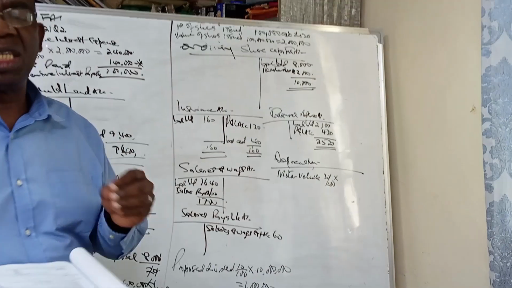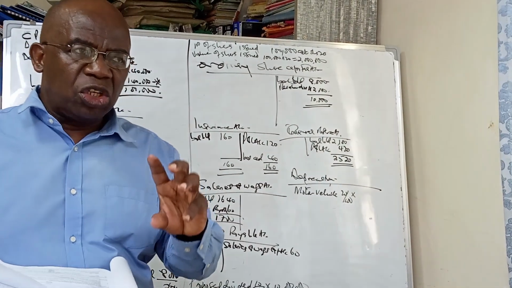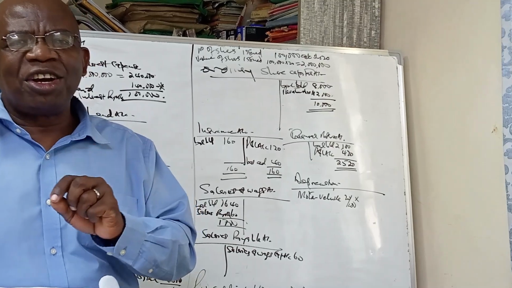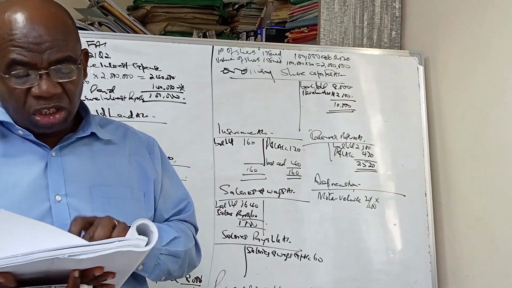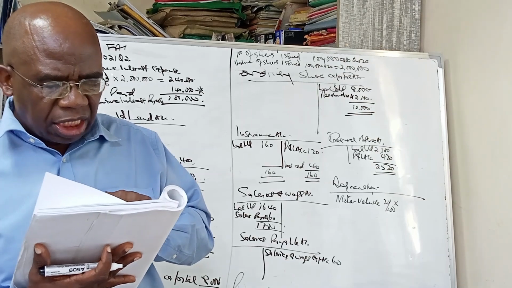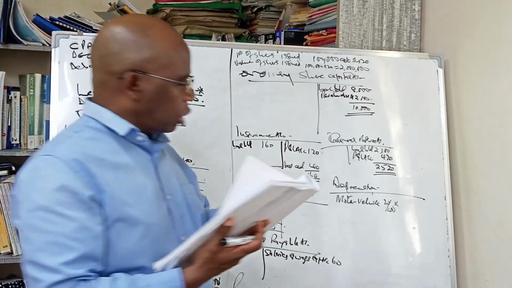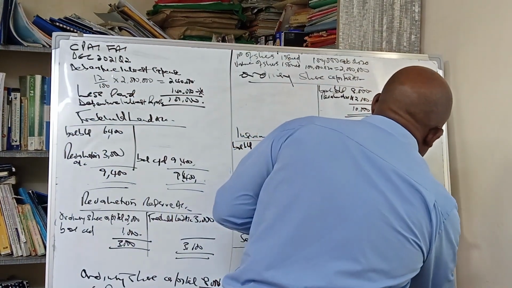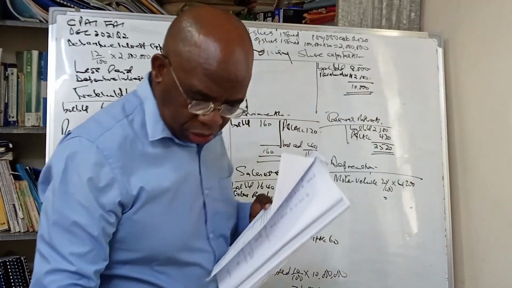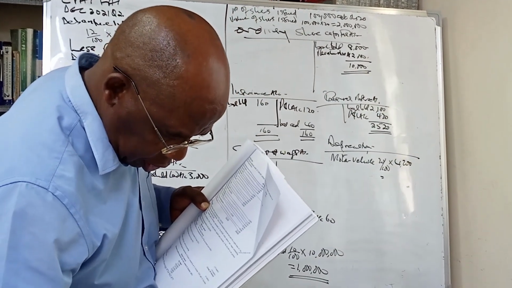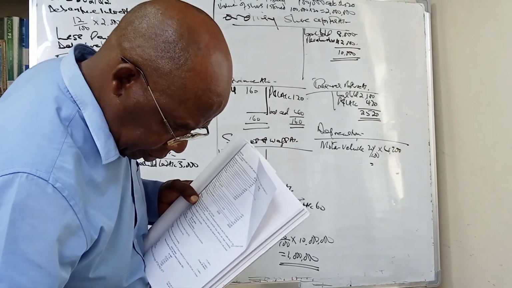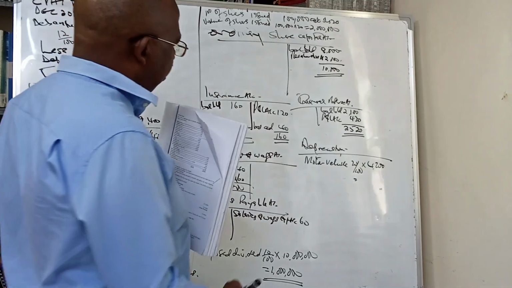Anytime you are dealing with depreciation, you must be careful because it could be on cost, or it could be on reducing balance basis. This one is on cost. So you look for motor vehicle cost, which is 4,200. 20% times 4,200, 0.2 of 4,200 is 840.